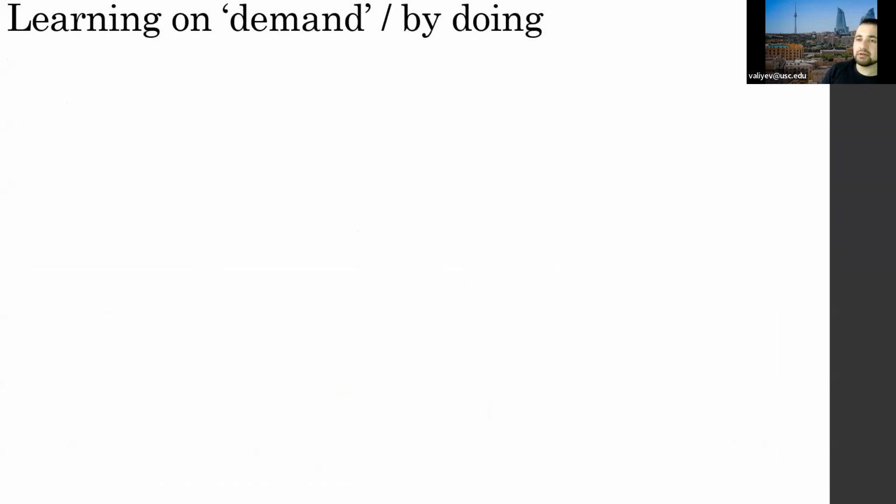Then the second thing is learning by doing and learning on demand. In a traditional university setting, for example, you're learning some math. They try to explain everything, every small detail. And some of the students ask, okay, why do we need this?